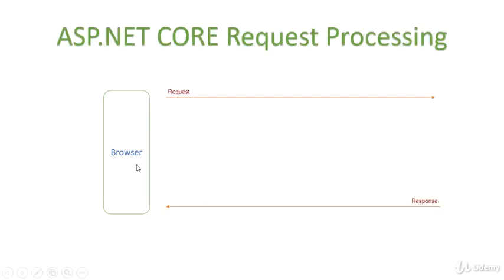Now let's take a look at a 10,000 foot image of what happens when a request is made. The request is made from a browser, and first it arrives at a web server like IIS. IIS would then invoke the .NET runtime, which would load the CLR and then look for an entry point in your application. It would find that in the Main method of the Program class and execute it, which starts an internal web server in your application. We will have Kestrel in our application.